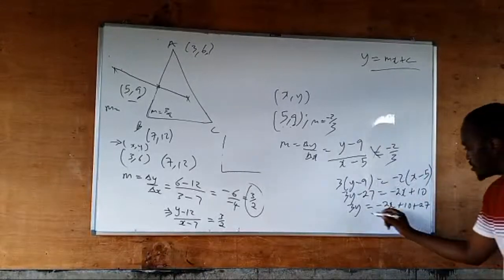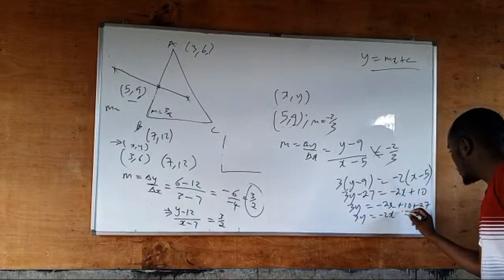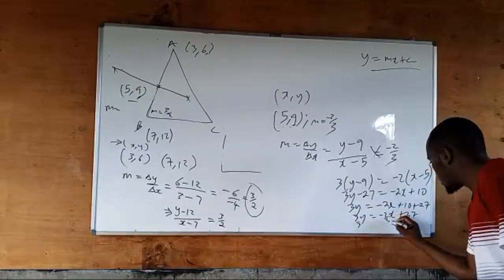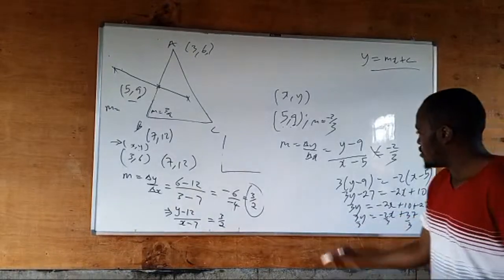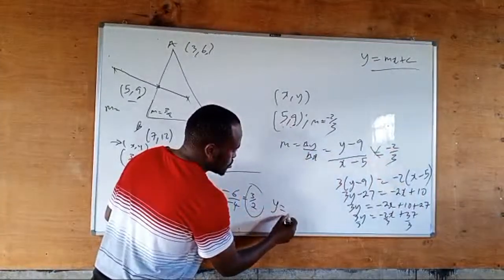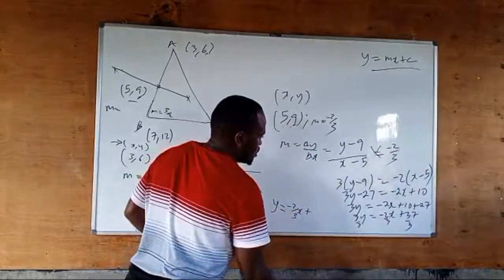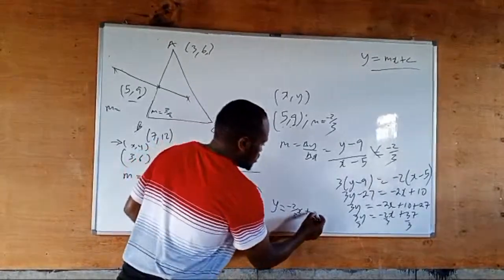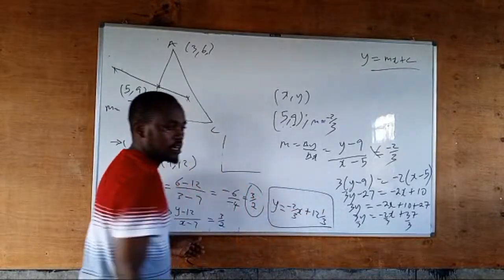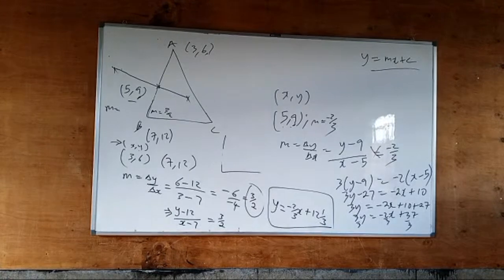So you have 3y equals to negative 2x plus 37, divided by 3 throughout. You have y. Your answer is y equals negative 2 over 3 x plus 37 over 3, or 12 and 1 over 3. And this is your answer for part 2. So this is how you solve that one statement.